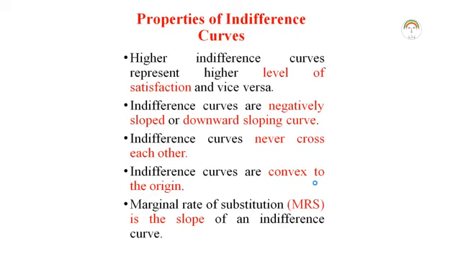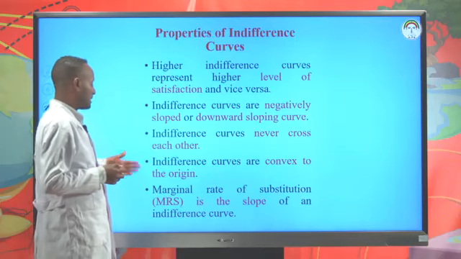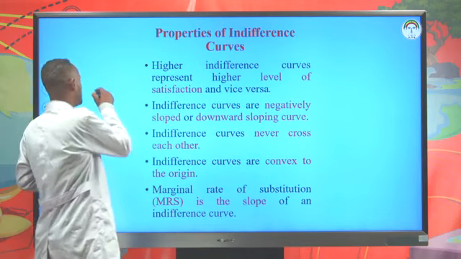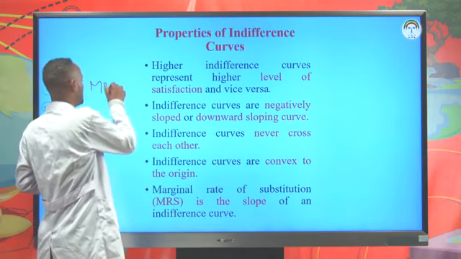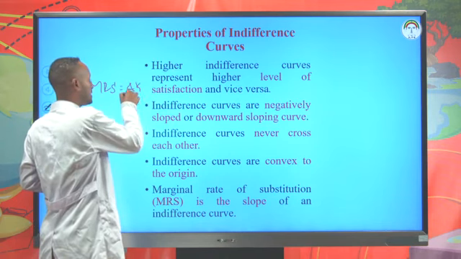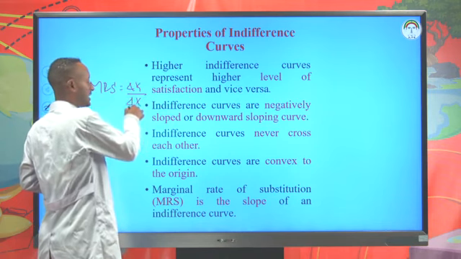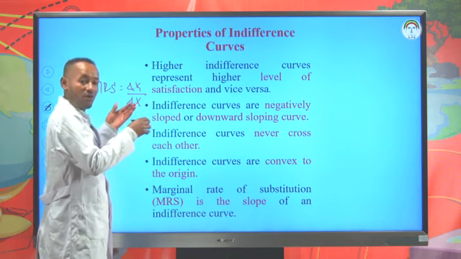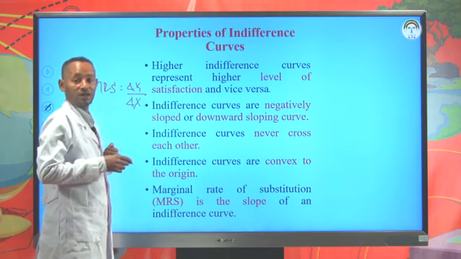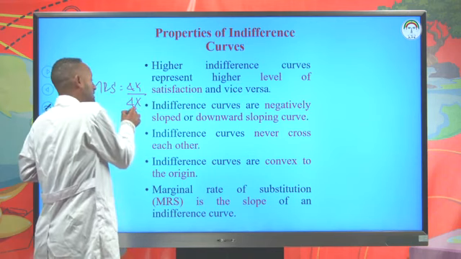Another important information, the marginal rate of substitution is the slope of an indifference curve. Since the MRS is calculated by dividing change in the commodity y that is given up by the change in commodity x that is gained, this change in y over change in x will give you the vertical difference for the horizontal difference. Hence, this is the slope of a curve.